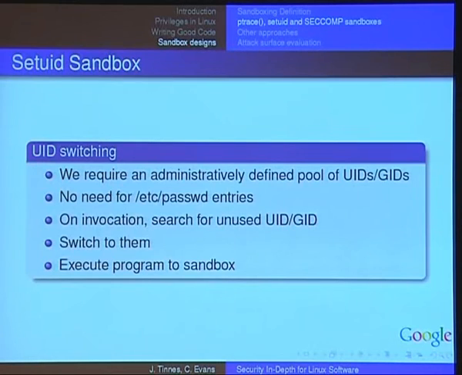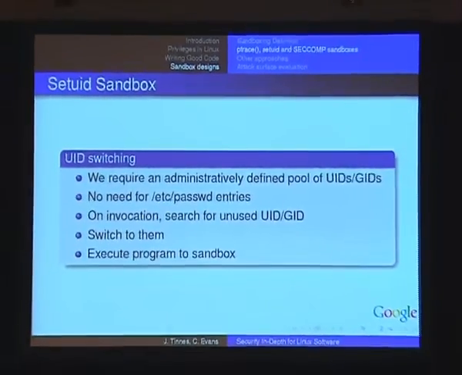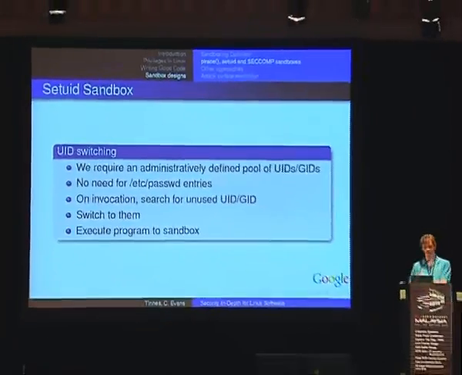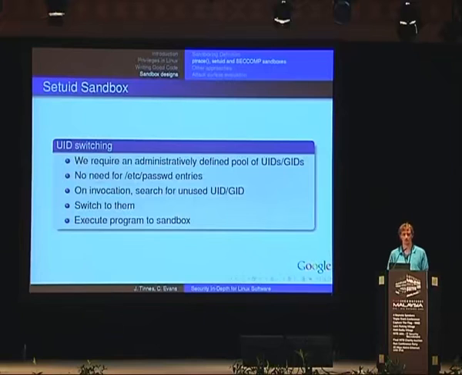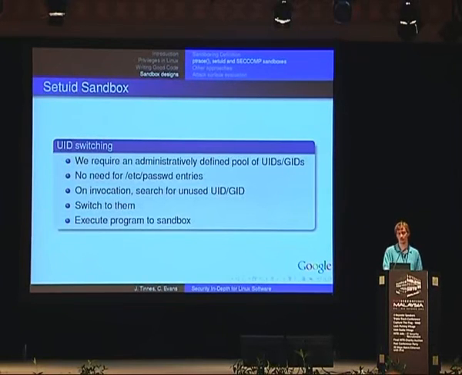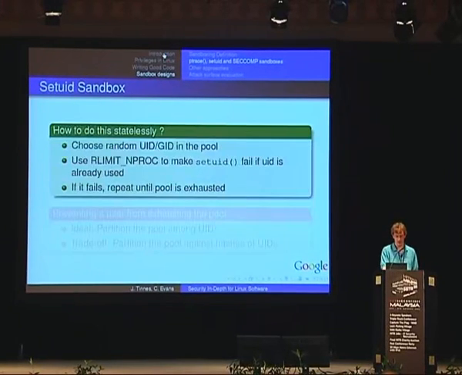Then on invocation, when something wants to get sandboxed and calls and executes the SetUID sandbox, which is a SetUID binary, we will search for a new UID and GID, and then we will switch to them. And then we will execute the program to sandbox, and this program will execute under this new UID, GID, and it will prevent it from doing many things, right?